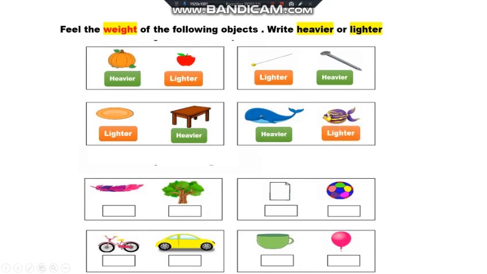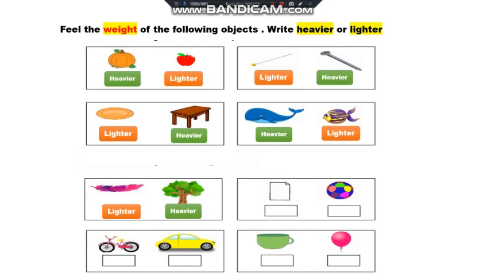Now, in the fifth picture, there are two pictures. First is the feather and another is a tree. Do you know feather? A feather is very light in weight, that means lighter. And a tree is heavy, we cannot push or pull it, that means heavier.